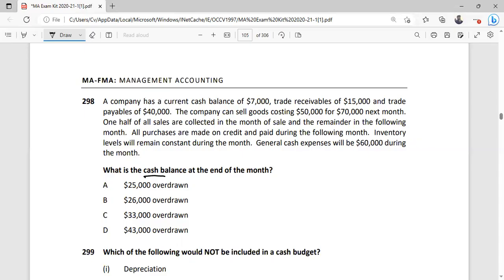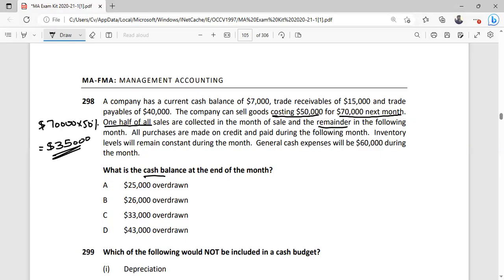One half of the sales are collected in the month of sale. It means out of 70,000, we have received 50%, 35,000, and 35,000 are still receivable.